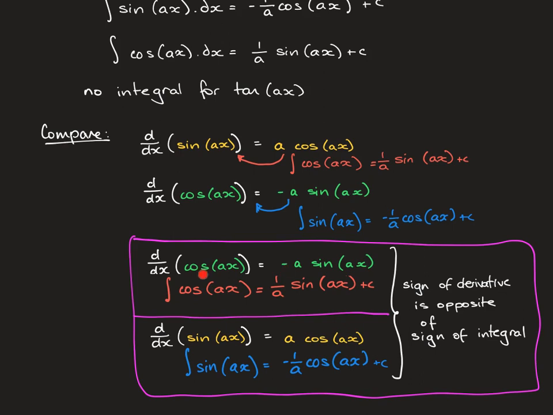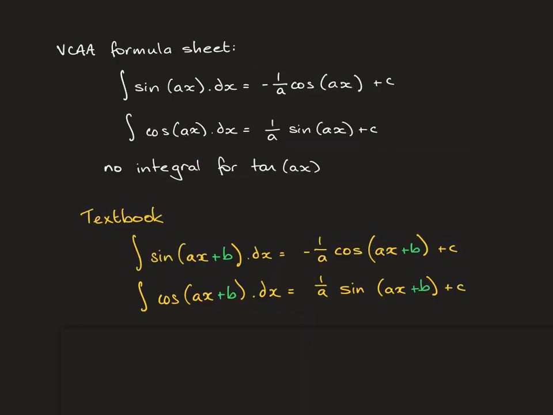So the derivative of cos is negative, so the integral of sine is negative, and the derivative of sine is a positive value, but the integral of cos is a positive value. And it is this positive or negative nature that students most often make a mistake with. So somehow or other try and get a way to remember that works for you. But that is a most common mistake.